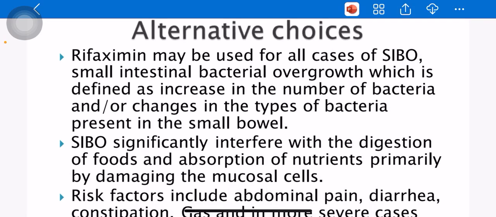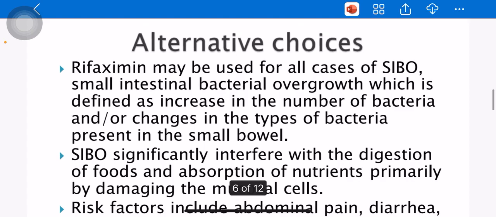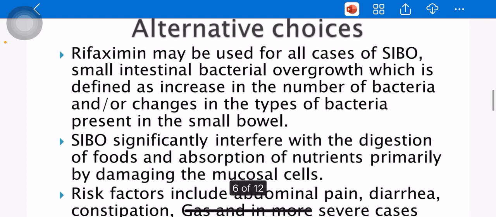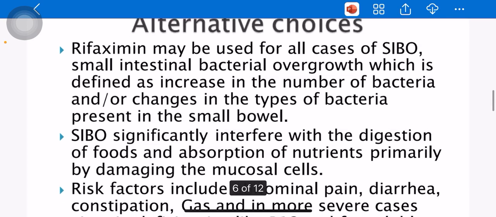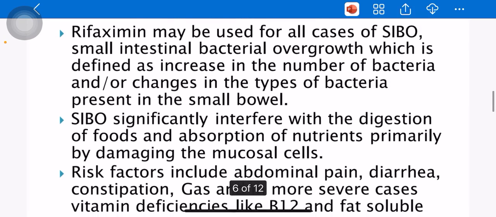First one is Revoxymin. Revoxymin may be used for all cases of SIBO, which is small intestinal bacterial overgrowth. It's defined as an increase in the number of bacteria and/or changes in the types of bacteria present in the small bowel. These bacteria shouldn't be present in the small bowel; they should be present in the large intestine.